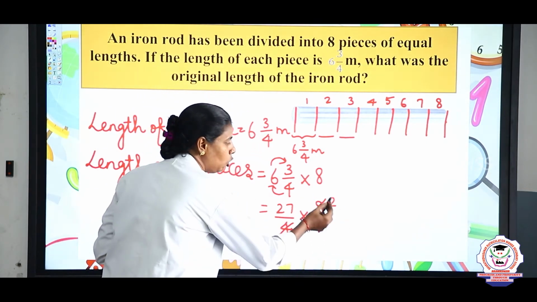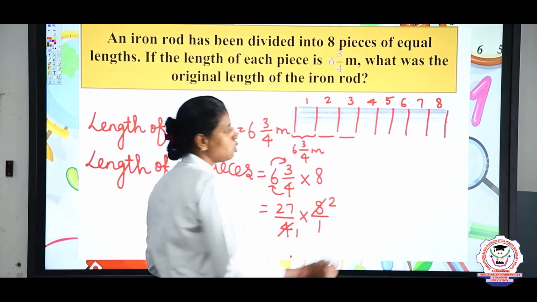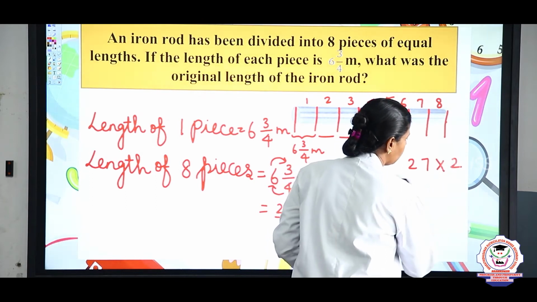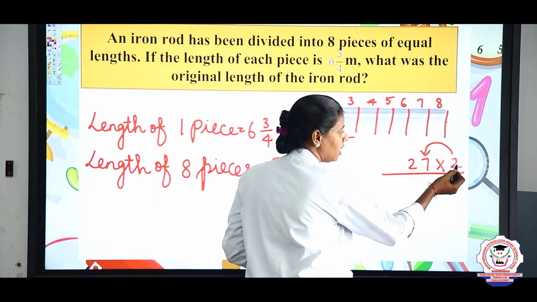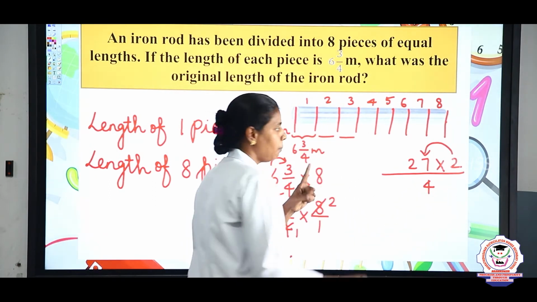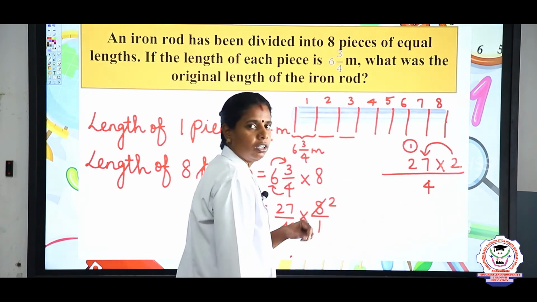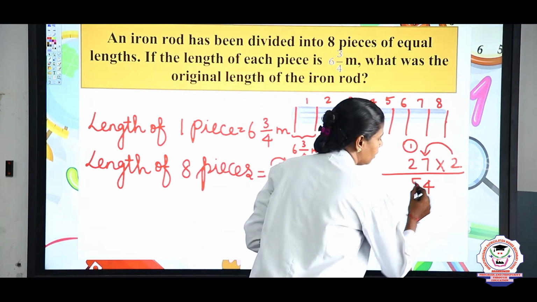So multiply the numerator and denominator. 27 into 2. Just multiply 27 into 2. First multiply 2 into 7. 2 7s are 14. 4 remaining is 1. 2 2s are 4. 4 plus 1 is 5.